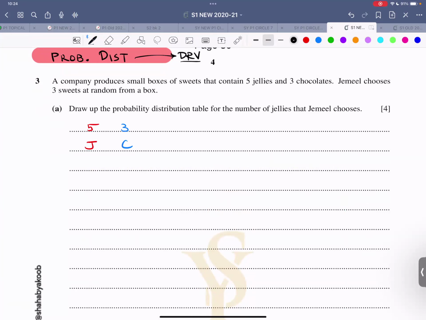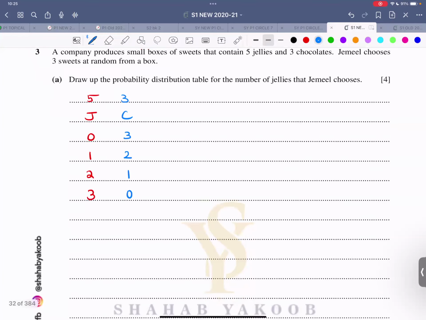That means if I'm focusing on jellies, let me write 0, 1, 2, and 3. And over here, let me write 3, 2, 1, and 0. So now, once this is done, what needs to be done? Now you have to write out all the possible combinations for this particular question.